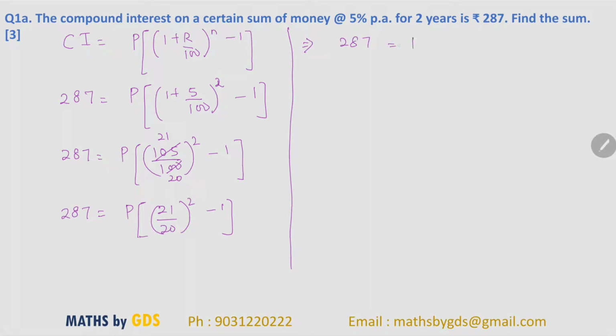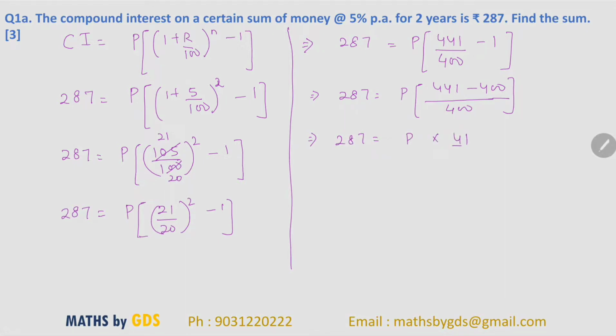We know that the square of 21 is 441 and the square of 20 is 400, minus 1. Again we take the LCM as 400. So this will be 441 minus 400 divided by 400. So this will be P into 41 over 400.